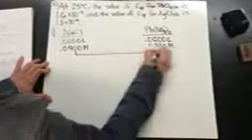Okay, and then it tells you that volumes are additive, so that's kind of a hint that you're going to need to add those two volumes. And you get liters.